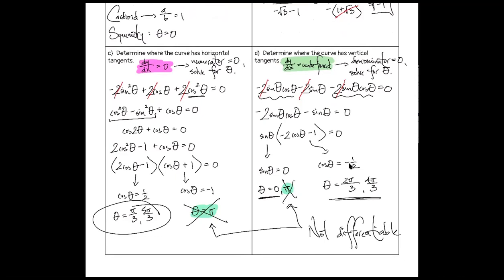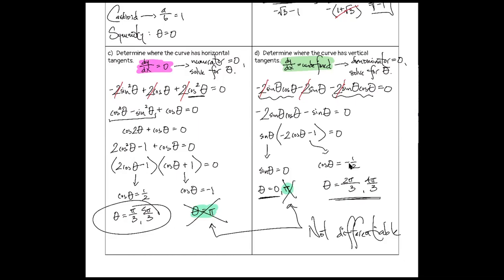No, I'm still a little bit confused for why can't we use the pi? Because it's not differentiable. You can't take a derivative there. If something's not differentiable, like you can't take a derivative, there's no tangent line. And maybe I'm missing that. Like, why is it not differentiable over there?